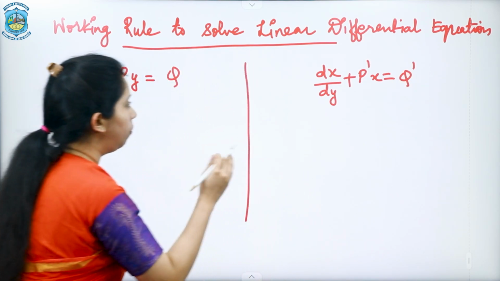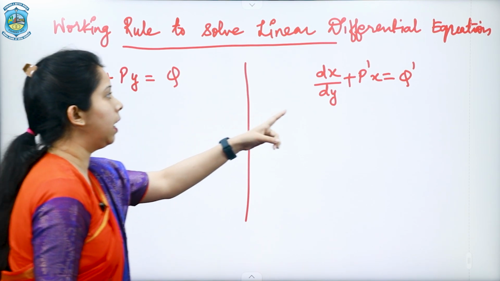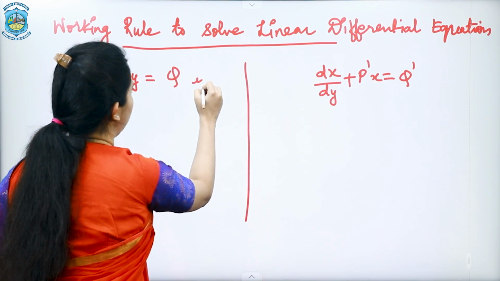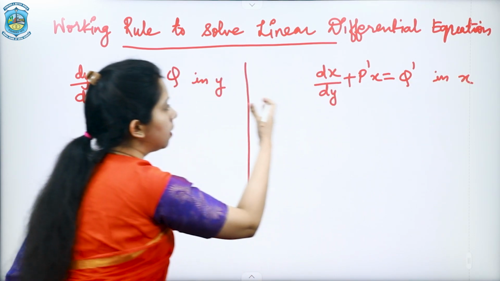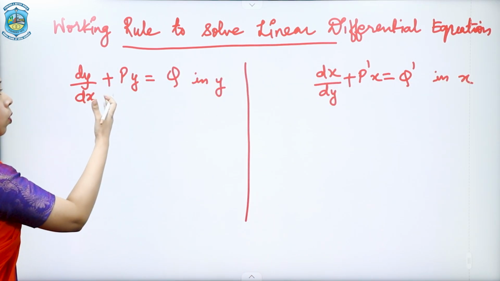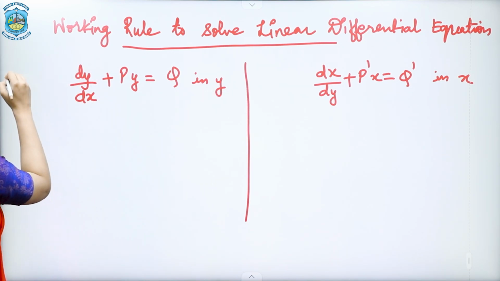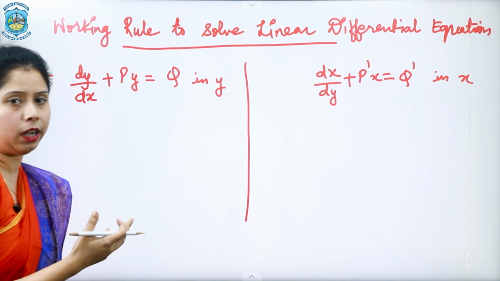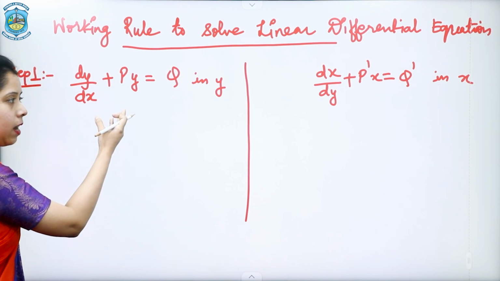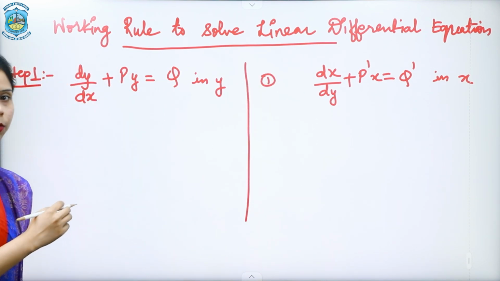So, we have two forms of linear differential equation, one in terms of y and the other in terms of x. We have to find the steps to solve linear differential equation in y and in x. Step number 1 is to write the given differential equation in its standard form. This is the standard form in y and that is the standard form in x.